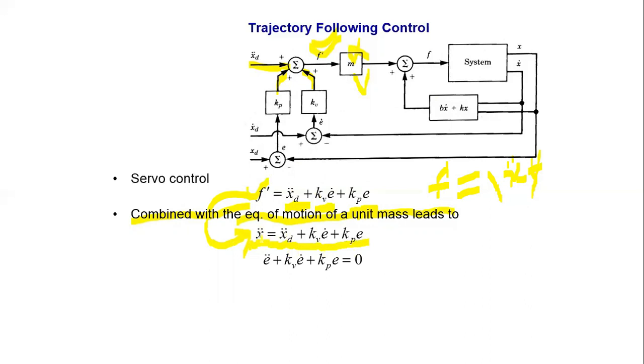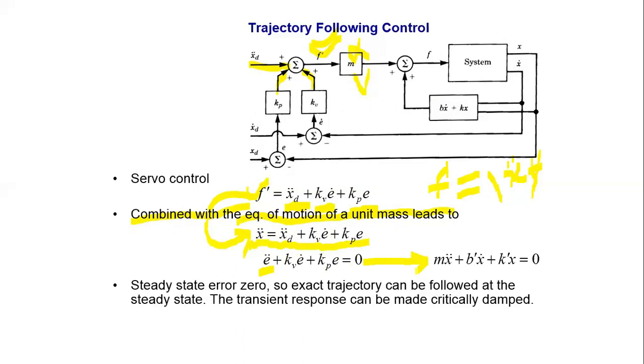Finally, this x double dot can be transferred to the right hand side of the equation, and x double dot minus xd double dot will give you e double dot plus kv e dot plus kp e is equal to 0. So for unit mass, you will see that your steady state error will be 0. That means you are not applying any disturbance force, so the steady state error will be 0. So the exact trajectory can be followed at steady state.